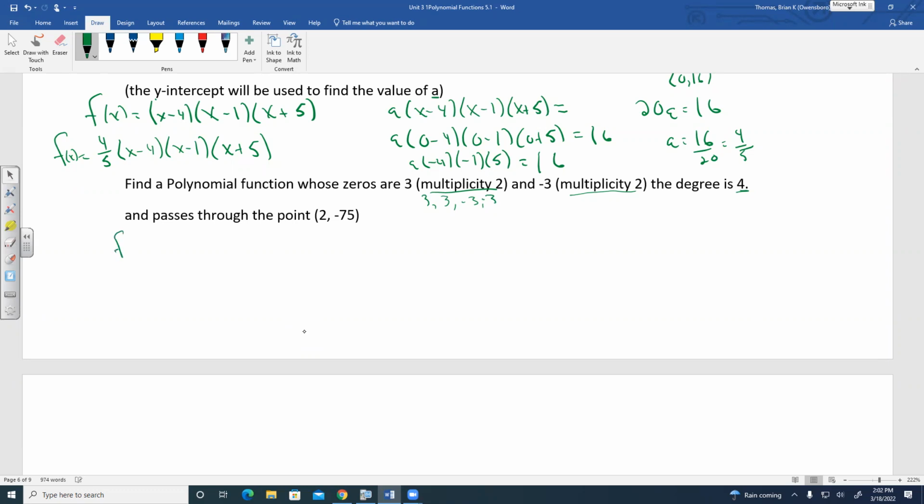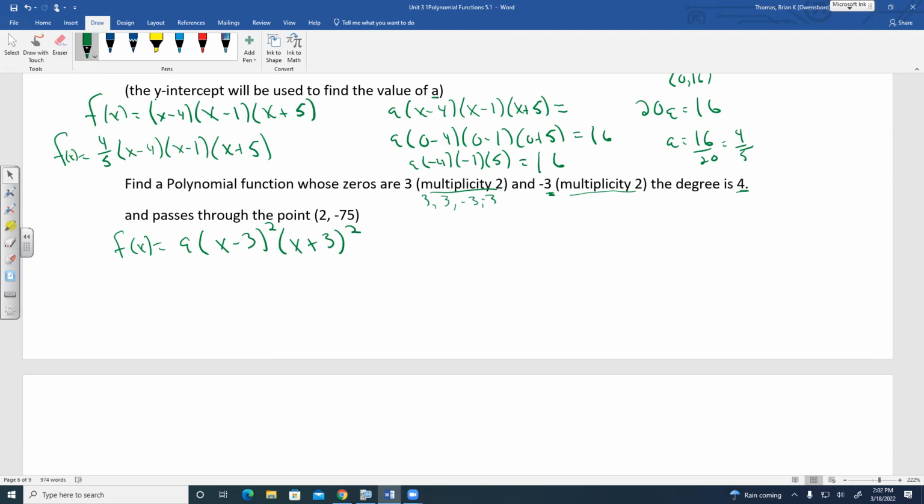So if I set this up, I have f of x equals a times, I'm going to have this x, actually, since it's a +3, that means that's going to be x minus 3 squared times, and since this other zero was a -3, that's going to be x plus 3 squared, since it had a multiplicity of 2.